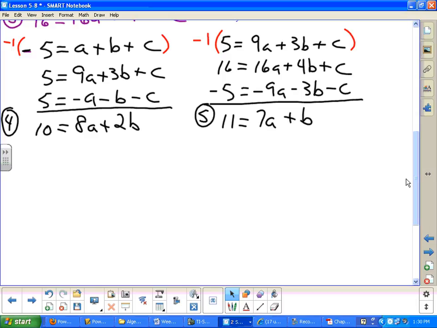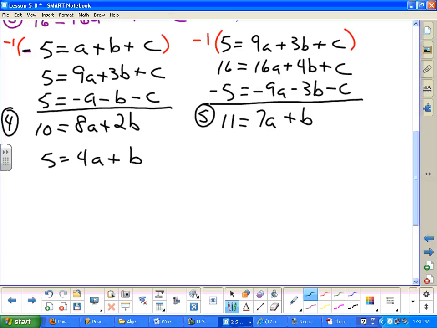So now if I look at equation 4, is there something I can do with equation 4 to make that a little easier to work with? Yeah, they're all even, so I can divide by 2. So this would be 5 equals 4a plus b. So now if I put these two together, which variable is going to be easy to eliminate now?